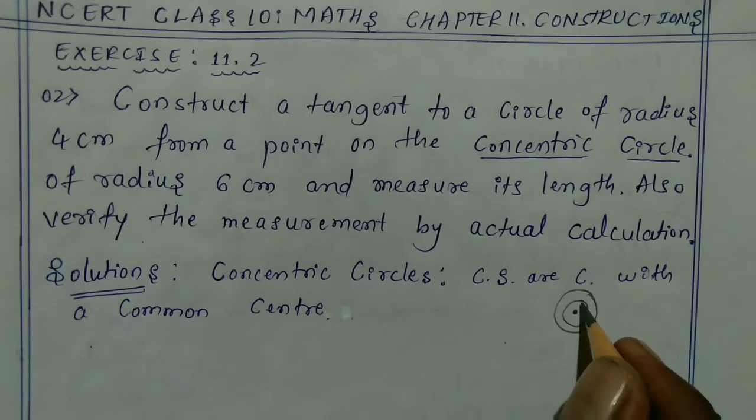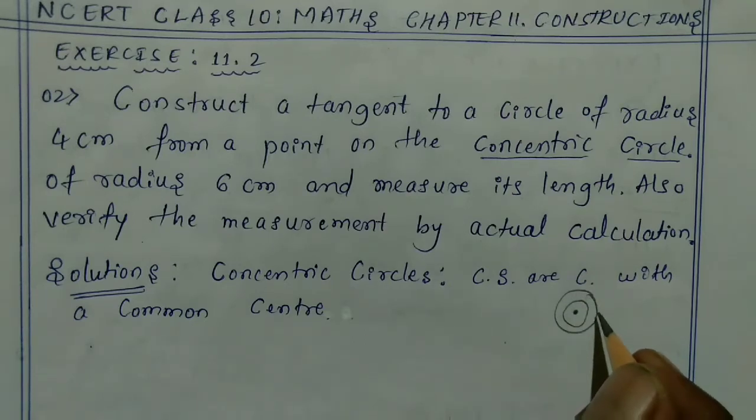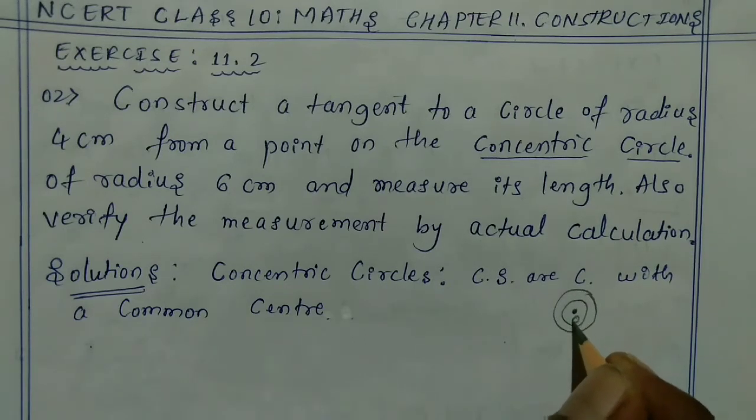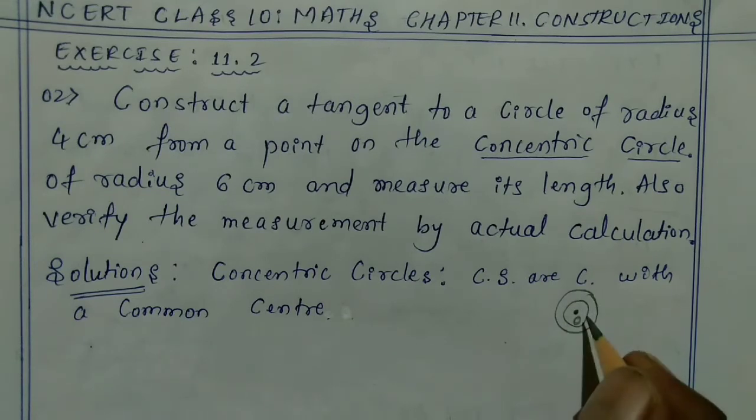See here, this is one circle, you can call this C1 circle, and this is another circle, that is C2 circle. These two circles have the same center, that is O. Then these two circles are said to be concentric circles. Once again I will repeat, circles which have the same center are called concentric circles.